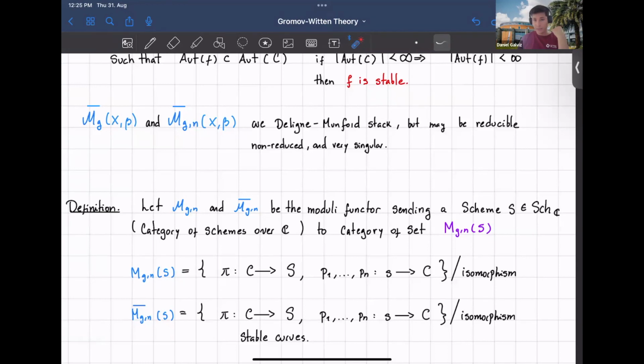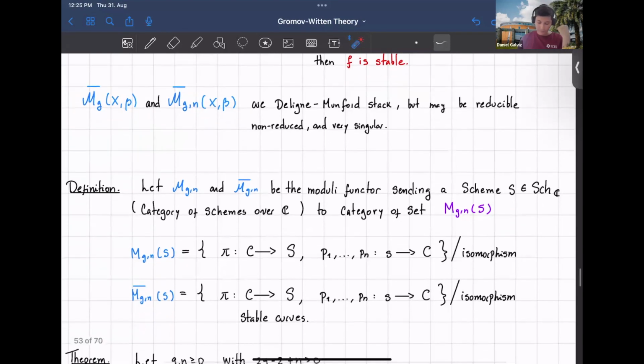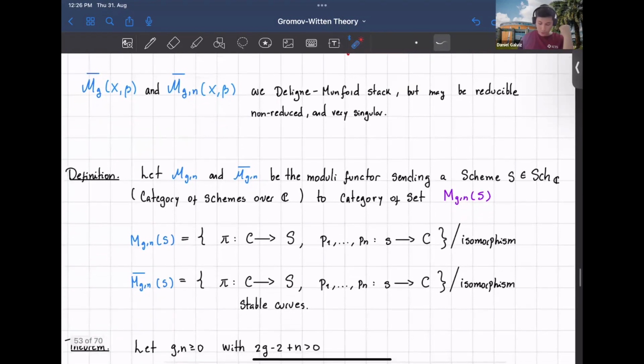So we are going to associate an affine variety to our functor. Remember, stacks in the sense of category theory are covariant functors. But we want something to integrate over, right? So then you define this, called the coarse moduli space.